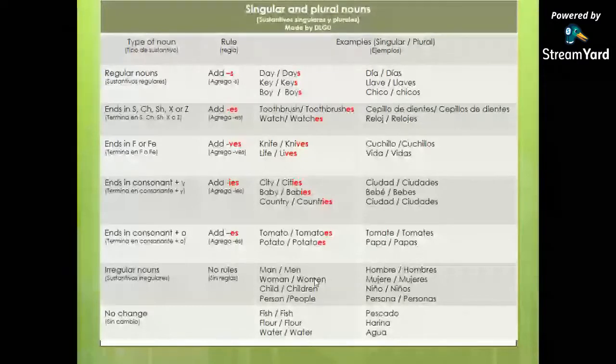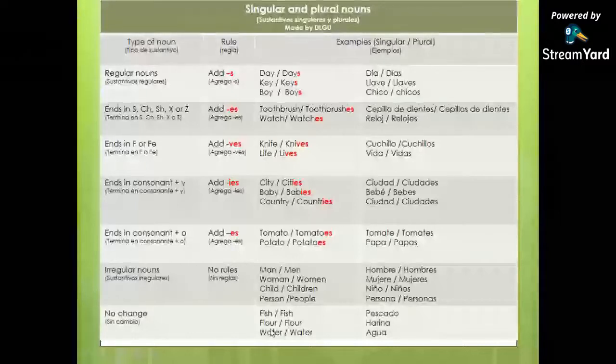The same for child. We use one child, but we say two children. One person, but two or more people. And also there are nouns that have no change. For example, fish, fish. The first one is the singular and the second the plural. And as you know, it also happens in Spanish.